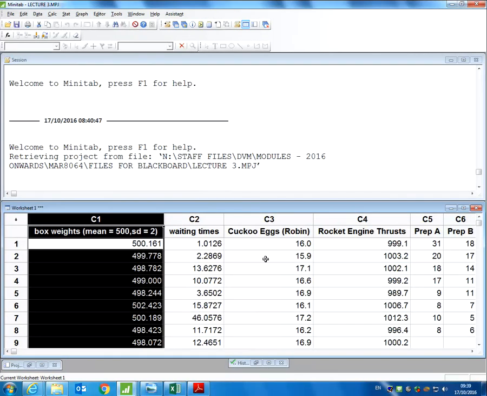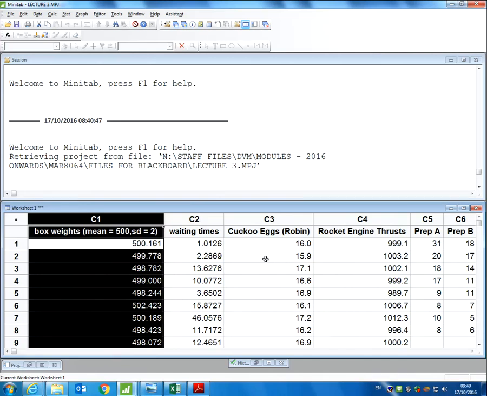In your notes, I want you to assume the normal distribution. If you're told that a variable is normally distributed with a mean of 500 and a standard deviation of 2, I want you to sketch the curve in your notes. I want you to use the 99.7 part of the rule.